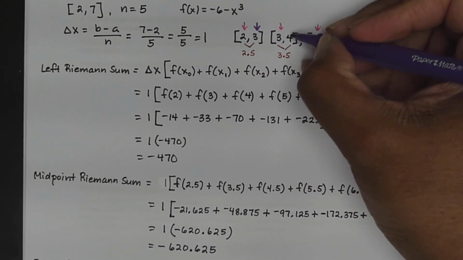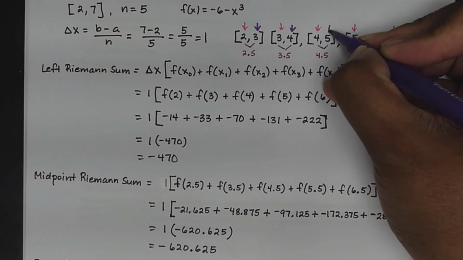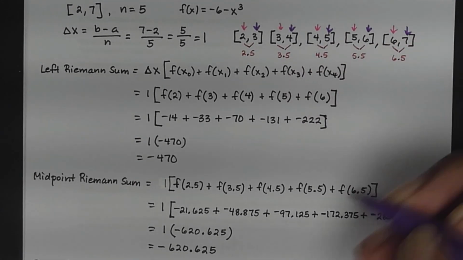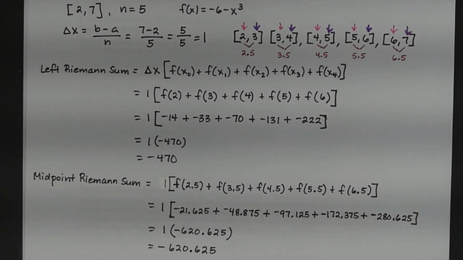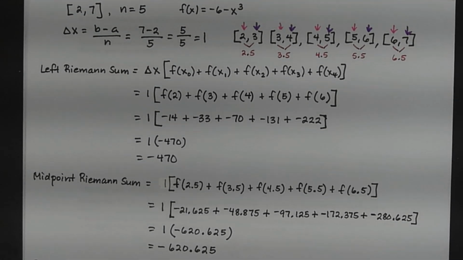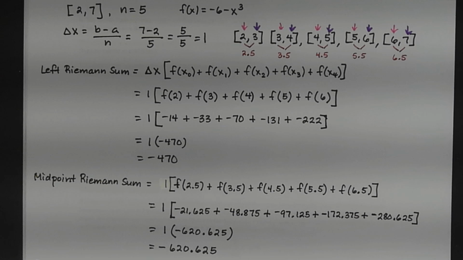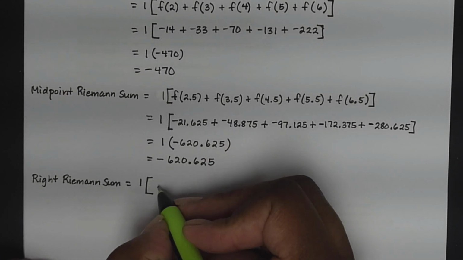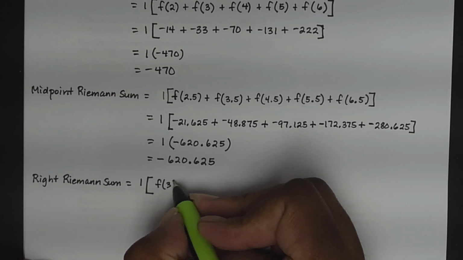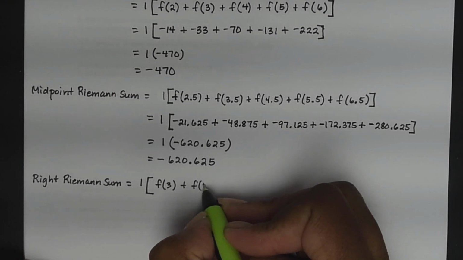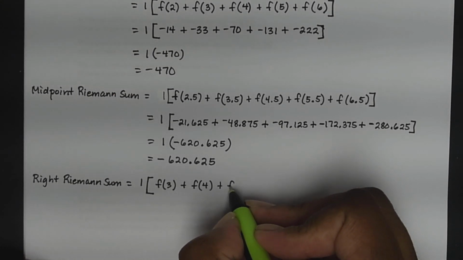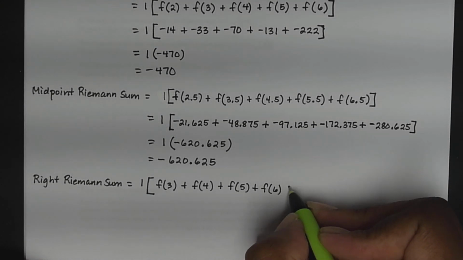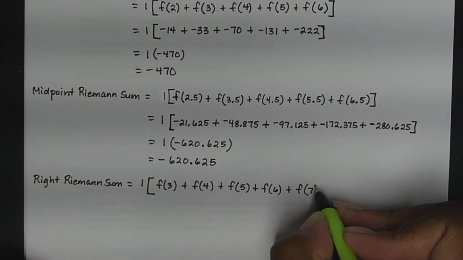The ones I'm going to use purple arrows to show you, for your right Riemann sum, are 3, 4, 5, 6, and 7. The ones in purple are the right endpoints for your right Riemann sum. So I got 1 times f of 3 plus f of 4 plus f of 5 plus f of 6 plus f of 7.